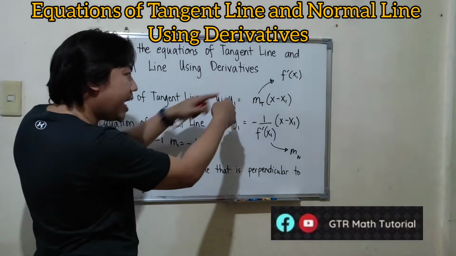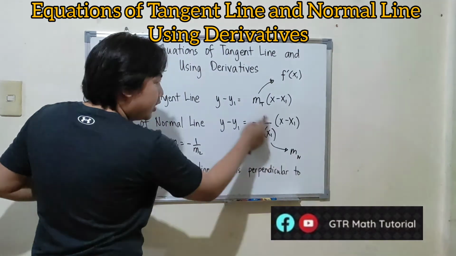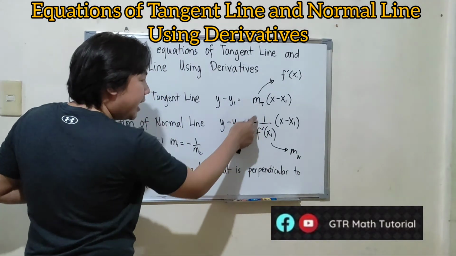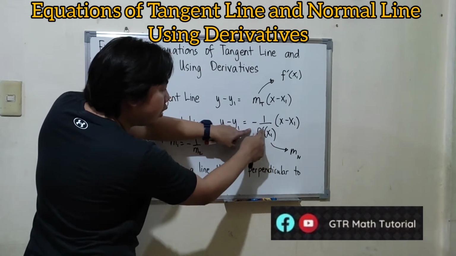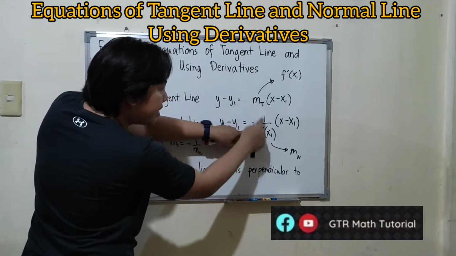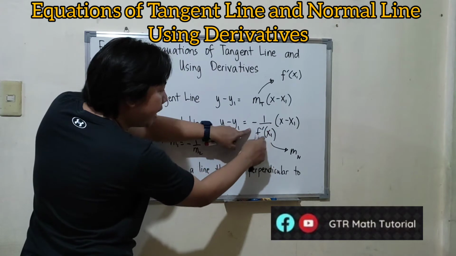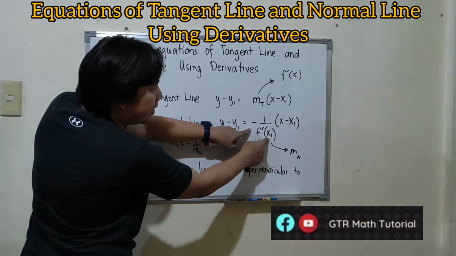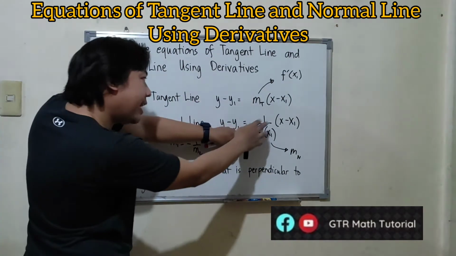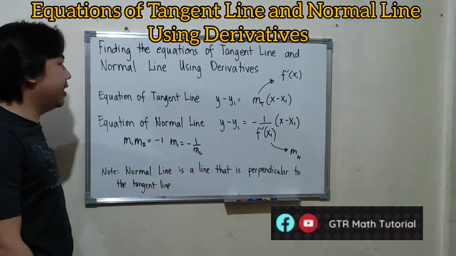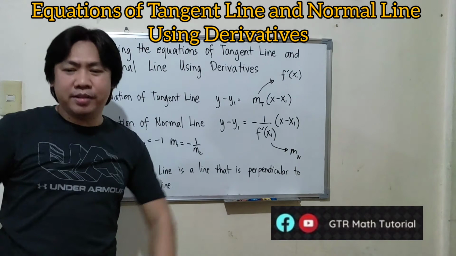Just get the negative reciprocal. This is the slope of the tangent, f prime of x sub 1, and the slope of the normal line is negative 1 over f prime of x sub 1. So the slope is the derivative, and for the normal line, the negative reciprocal.